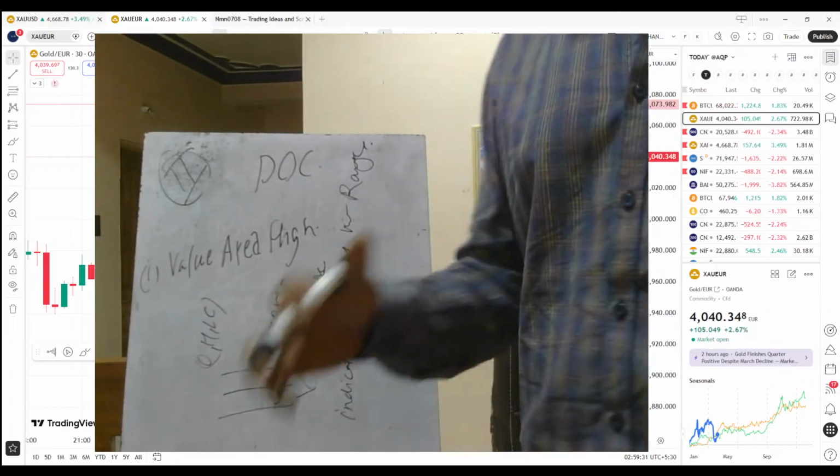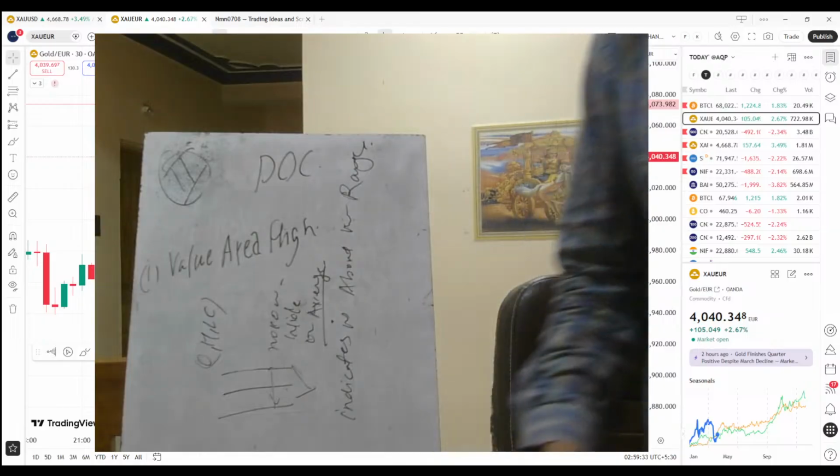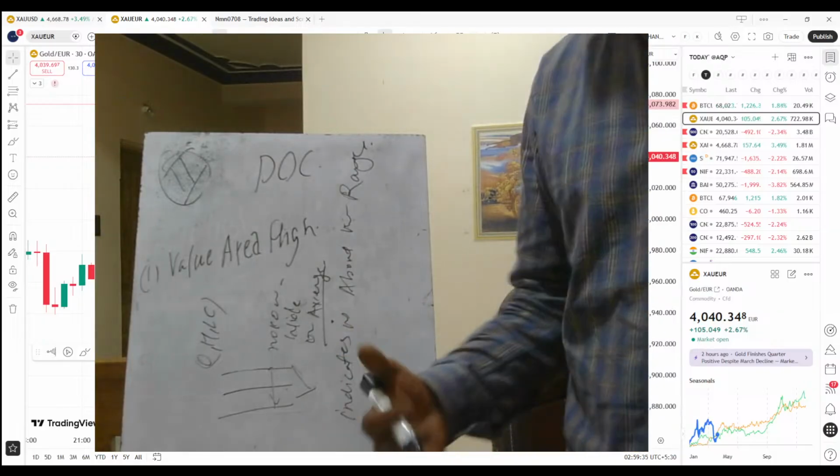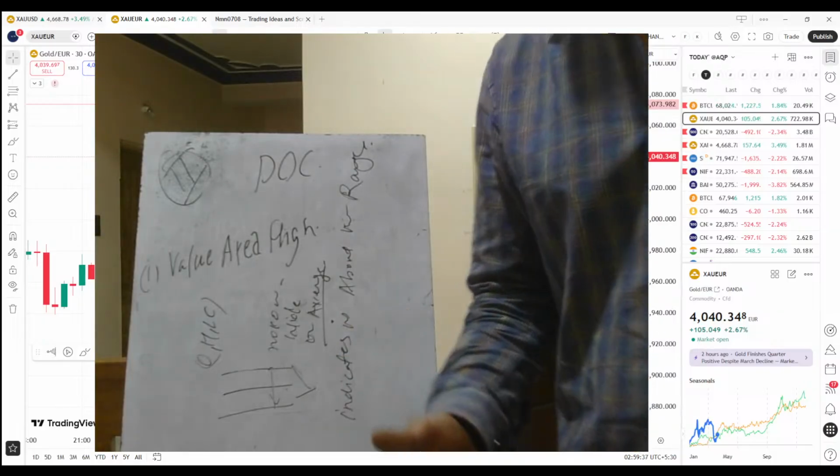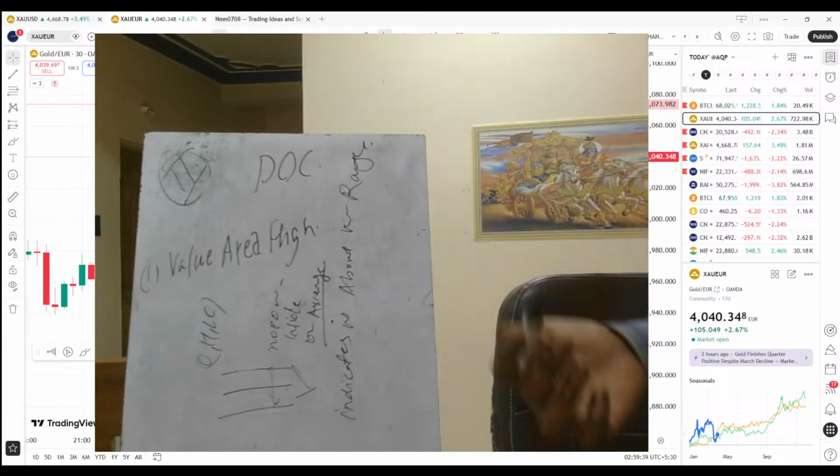What are the ranges in the price? R1 कितना दूर है pivot से, S1 कितना दूर है, how big is the target, how small is the stop loss.